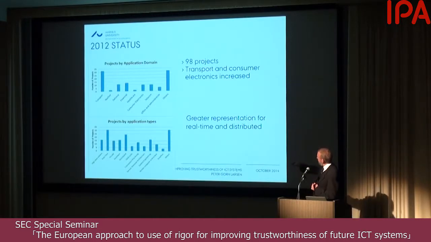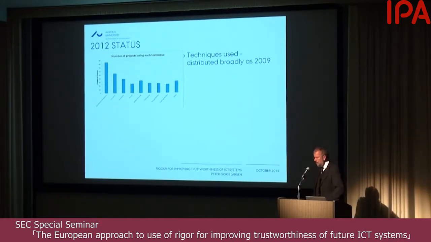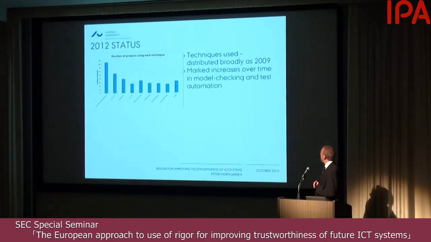If we look at it per application type, and one project can belong to more than one application type, there was a greater representation in real-time systems and in distributed applications. If we look at the technologies being used, it was broadly as it was in 2009. The market increases over time, in particular in the area of model checking and test automation.